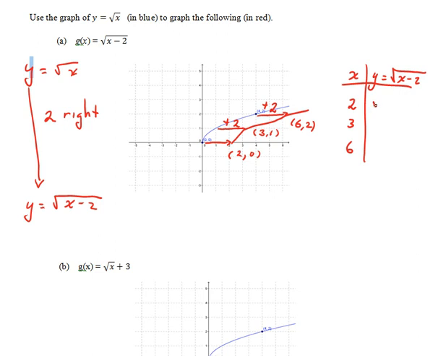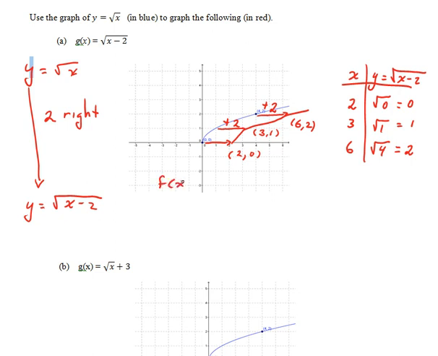Then for y, we'll get the square root of 0, the square root of 1, and the square root of 4, respectively. So we confirm that 2 goes to 0, 3 goes to 1, and 6 goes to 2.